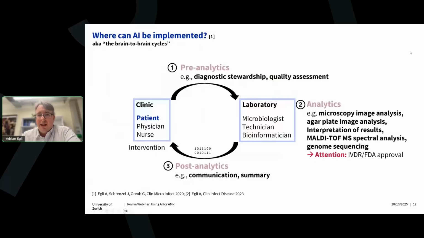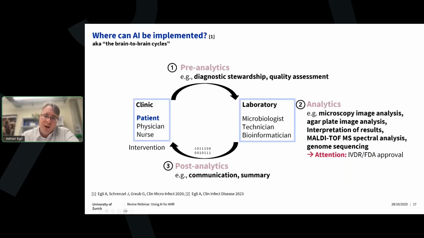Now, let's dig into the lab. So where can AI be implemented? And I think if we look at the diagnostic process from the patient and physician to the lab, you have first a pre-analytical period. There, for example, one can imagine using diagnostic stewardship tools, quality assessment, and so on, maybe even assessments of pre-test probabilities. Then in the lab itself, you have lots of applications, microscopy, image analysis of agar plates, and so on.